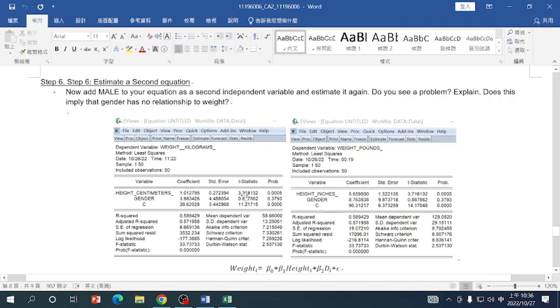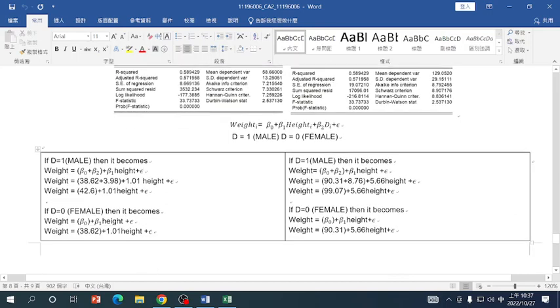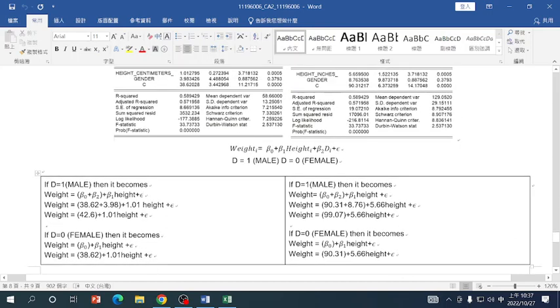And for step 6, we added male into our equation. The first photo is kg and cm, and the photo on the right is pounds and inches. We can see that male is a dummy variable, which is 1 when it's male and 0 when it is female.